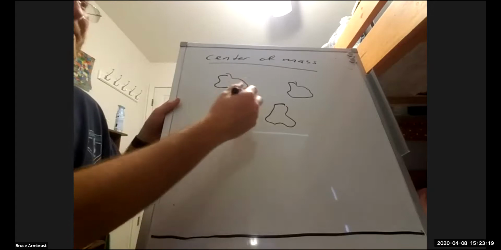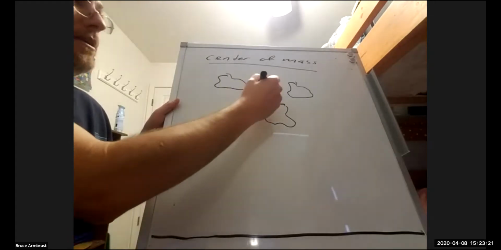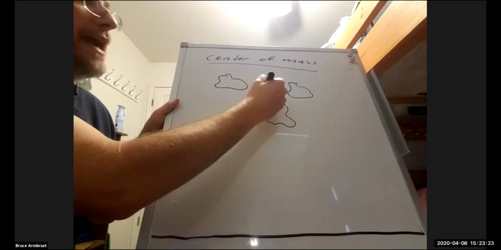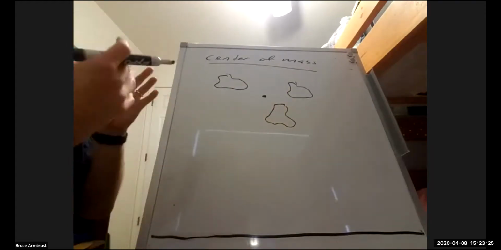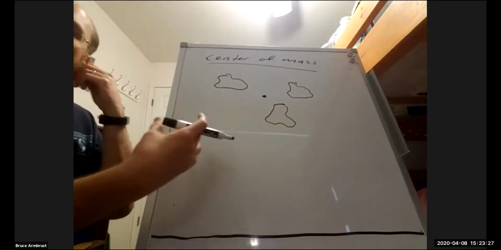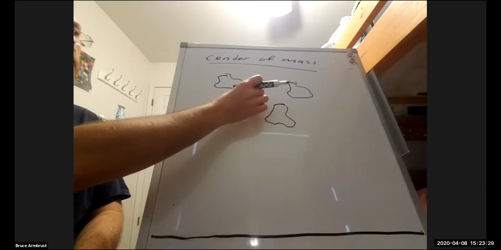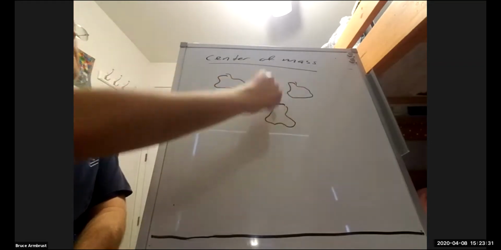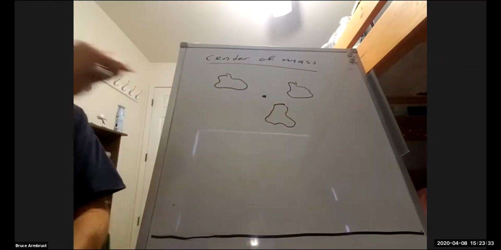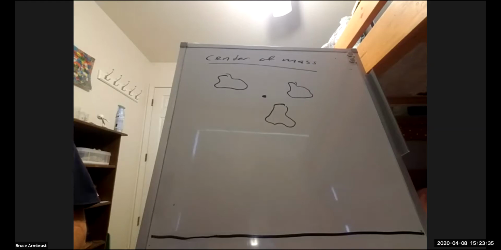Anyway, so there's going to be some spot where we can actually treat this system as a one-point mass. It'd be as if all of this mass was located at this one spot, and it allows us to treat it as that location.